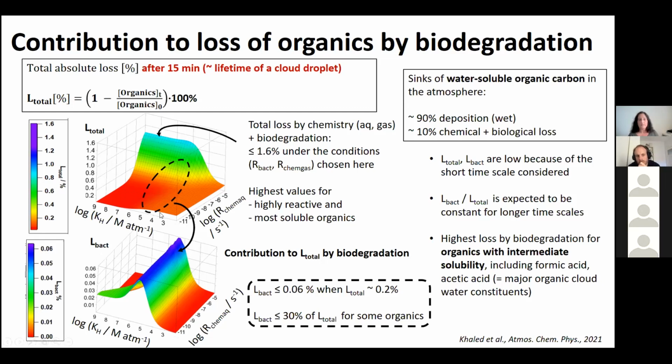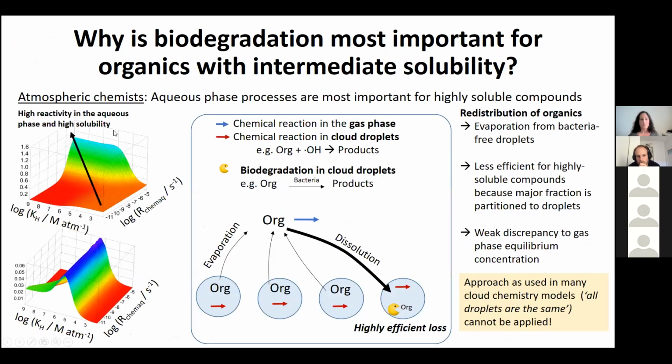This was an interesting result just in terms of numbers, but we wanted to understand why we have this weird pattern, which is not that intuitive compared to chemistry. Here we understood it: highly soluble, highly reactive, of course aqueous processes are important. Here we have this different pattern, but that has something to do with this multi-phase system, that we only have the bacteria in 1 out of thousands of droplets.